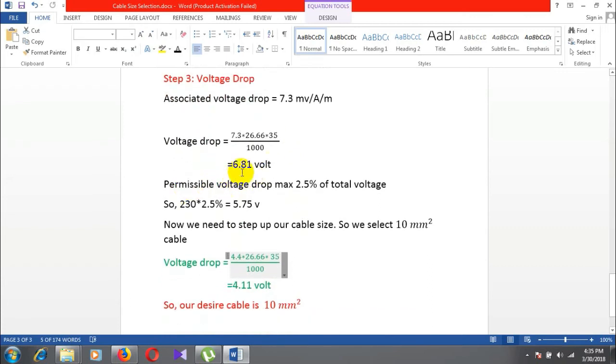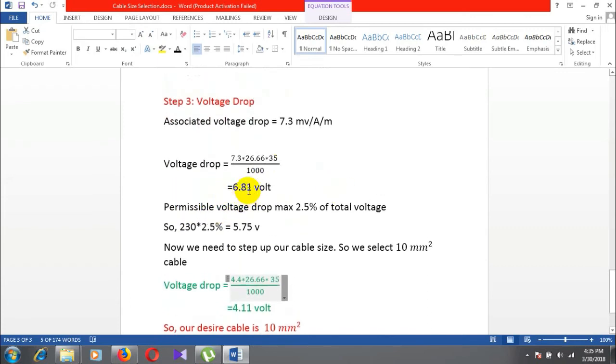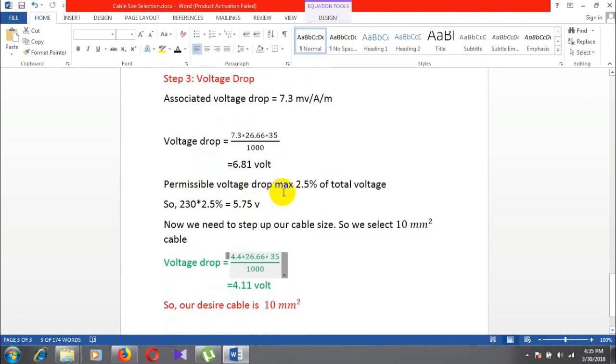Now we get 6.8 volt. The permissible voltage drop maximum is 2.5% of total voltage. That means if our voltage is 230 volt, then 2.5% of this is 5.75 volt.